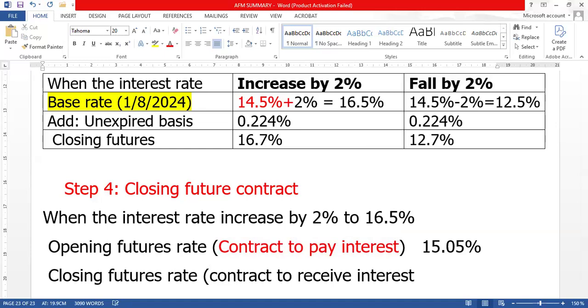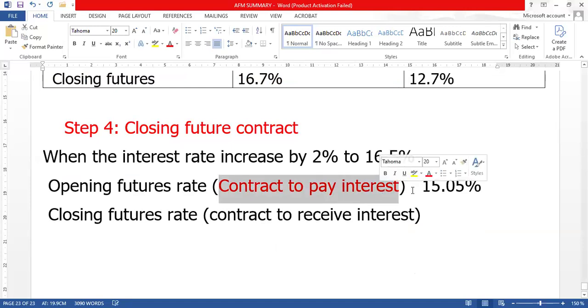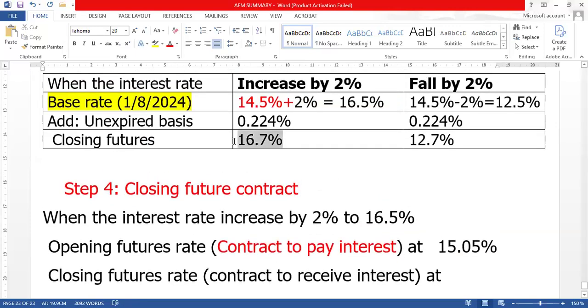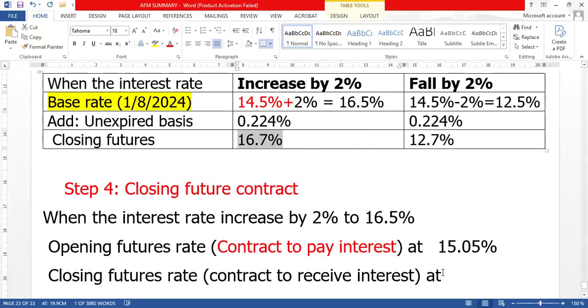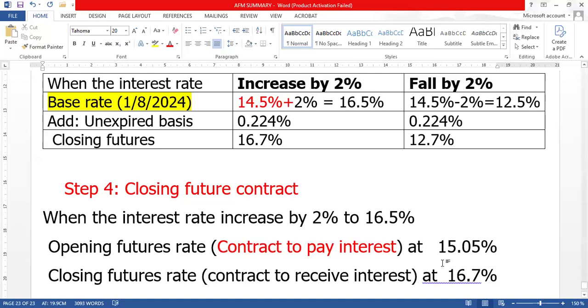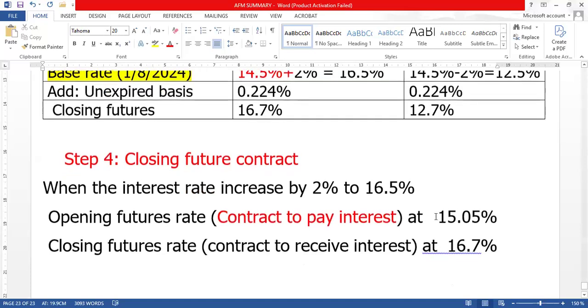Is it making sense to you guys? So you opened, that was the contract to pay interest at this rate. Then here you're closing with a contract to receive interest at the closing rate, 16.7%.